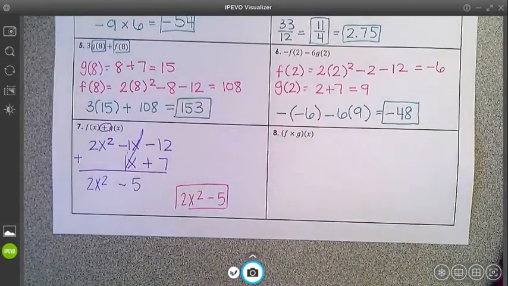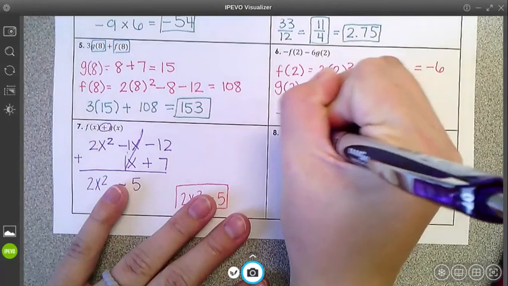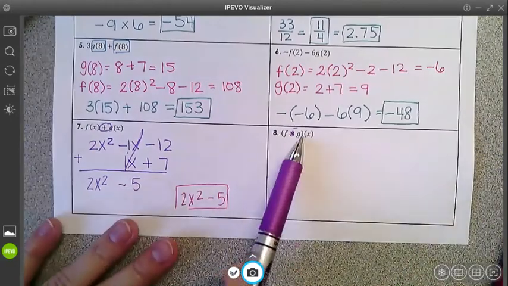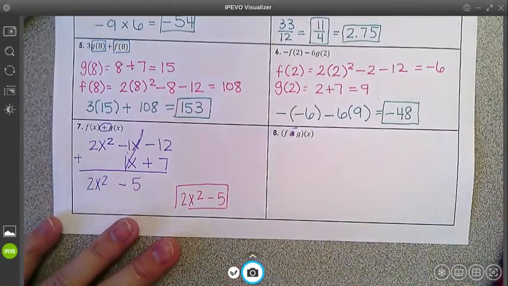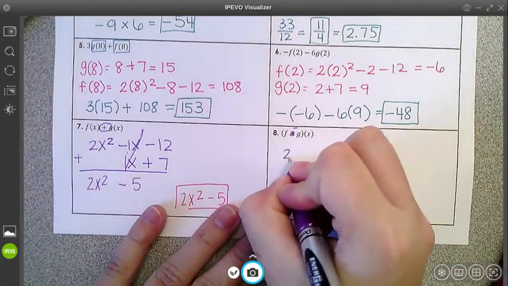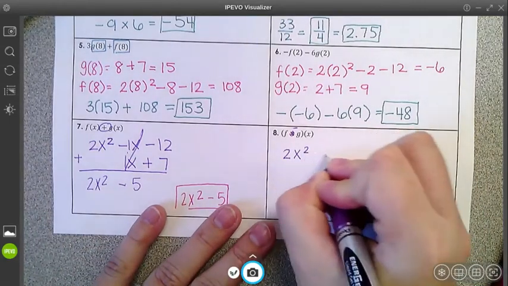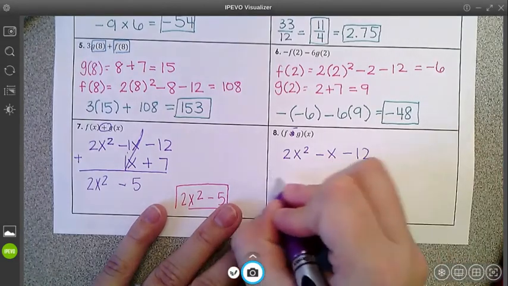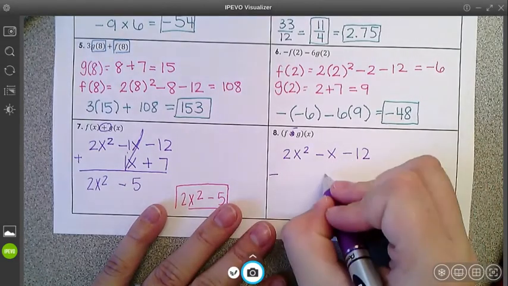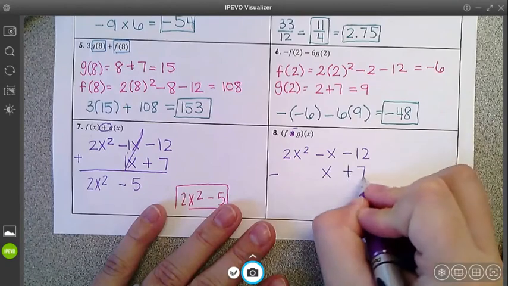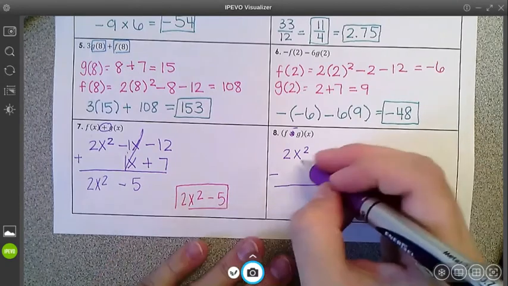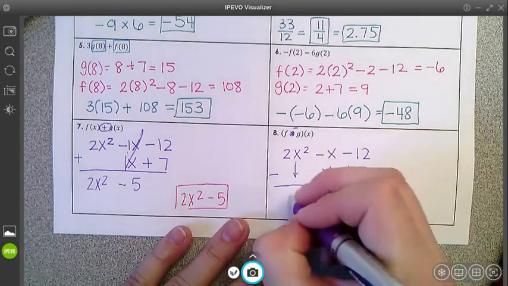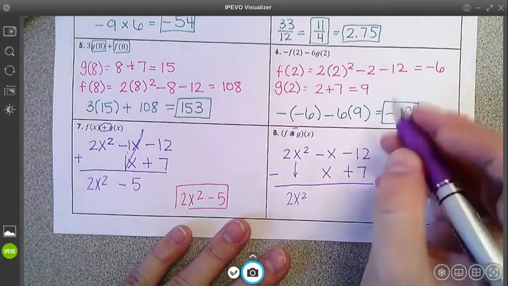I'm going to change this one to minus. So it's f minus g. So if I write them, 2x squared minus x minus 12, I'm subtracting. So again, we still can bring down the 2x squared.